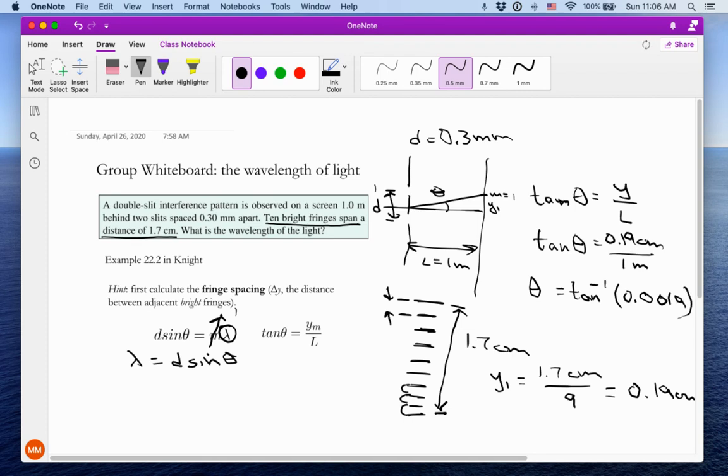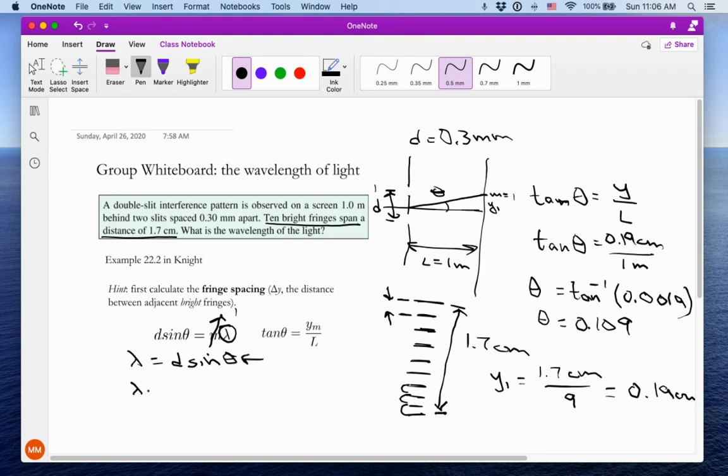Because I need to have them in the same units. So I want the numerator and the denominator units to cancel. So I'm going to put 0.19 centimeters into meters in order to calculate it. And so then theta is equal to 0.109 degrees.